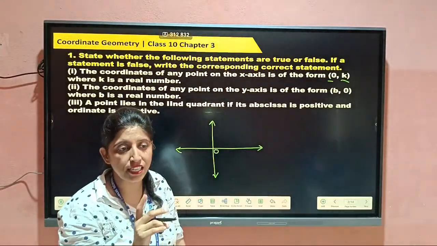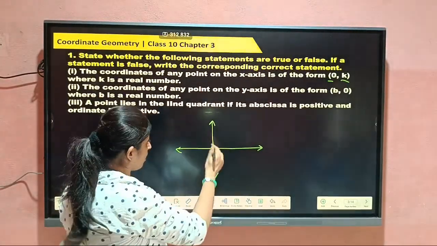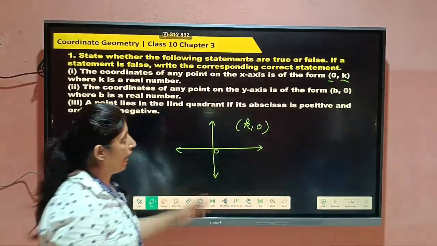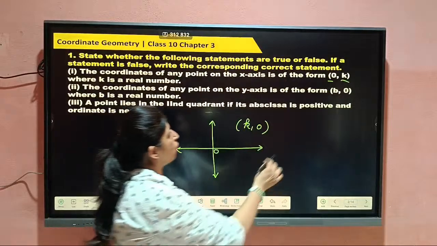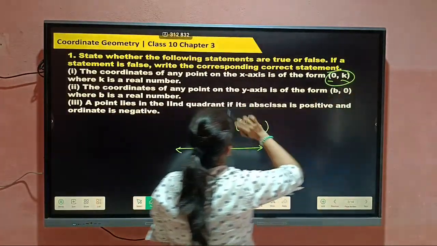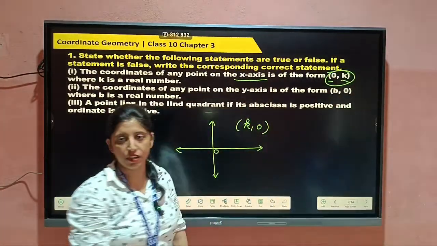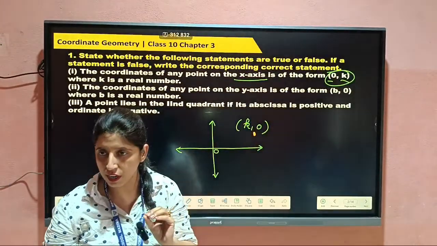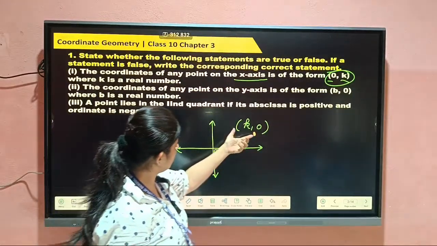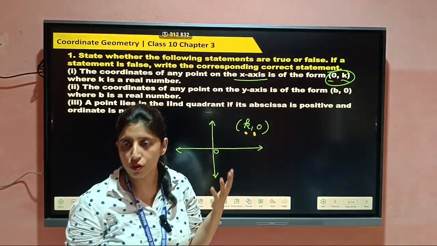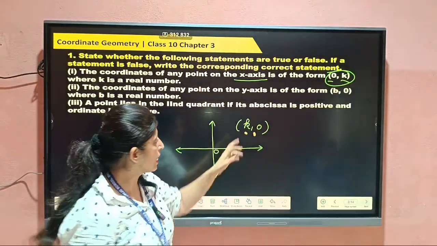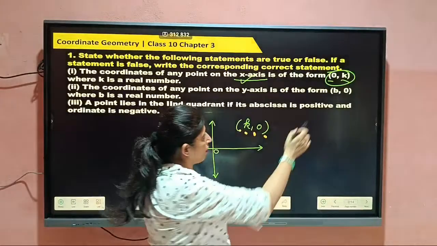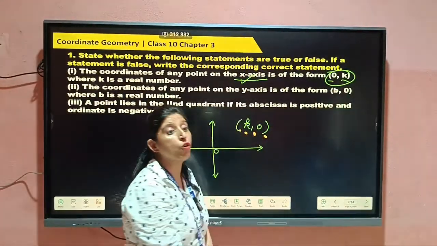On x-axis y is 0, so coordinate should be k0. So correct answer is k0, not 0k, because x-axis is given. On x-axis y coordinate is 0, not x coordinate. So it form k0, not 0k.